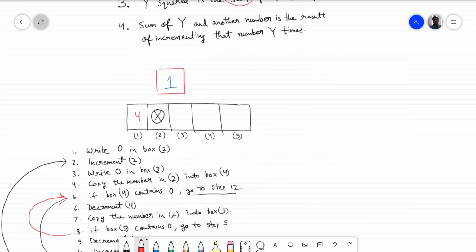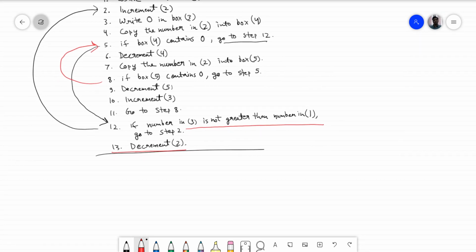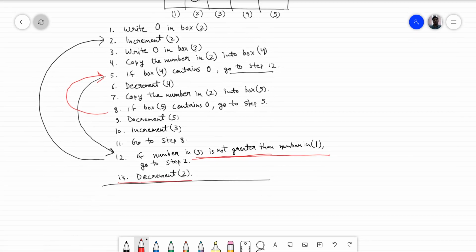So we are following that definition, and we subtract the number in 2 after it satisfies this condition that the number in 3 is not greater than number in 1, and finally we get the square root of the number in box 1.